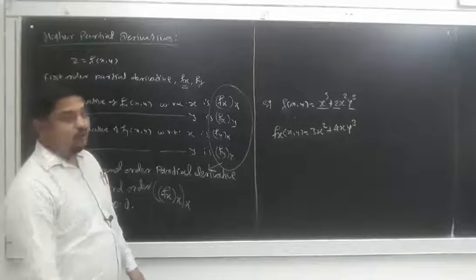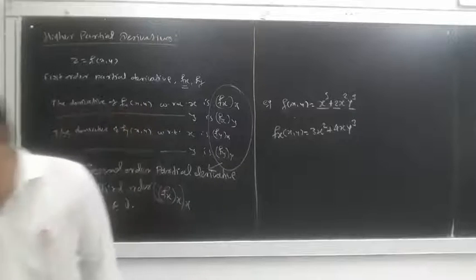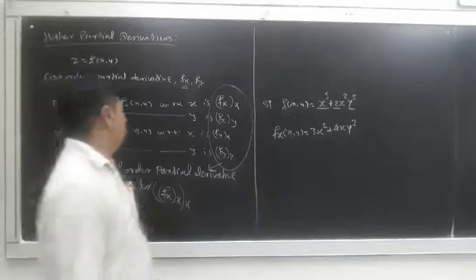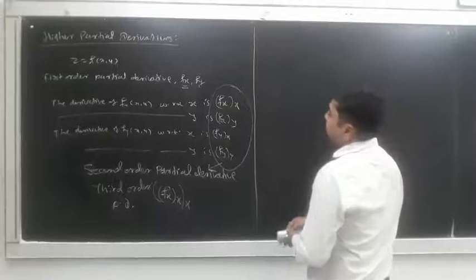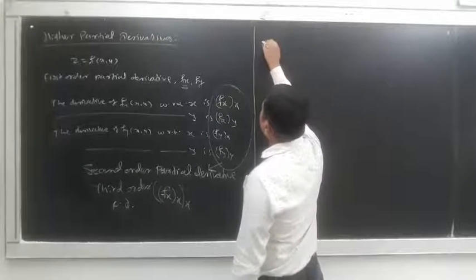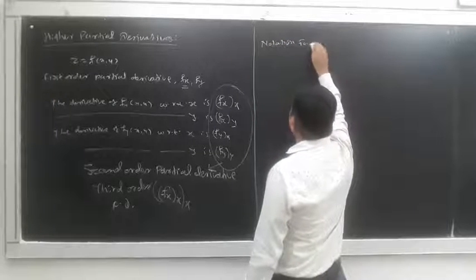So what are the notations, how do we denote the second order partial derivatives?